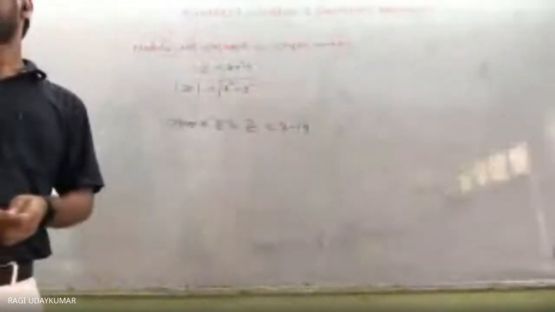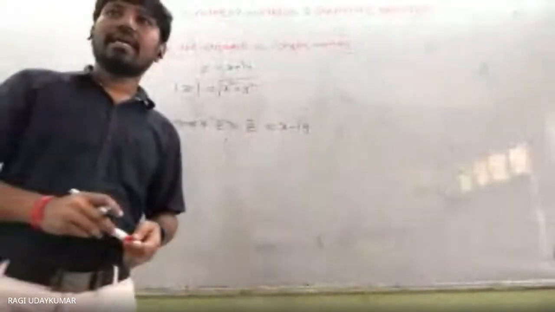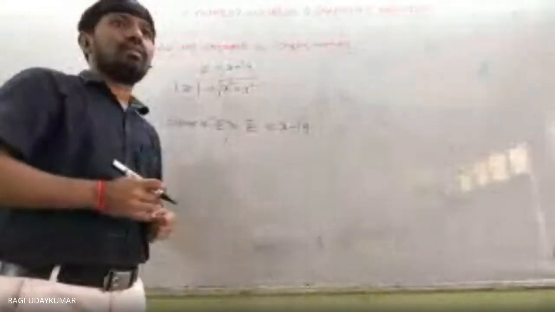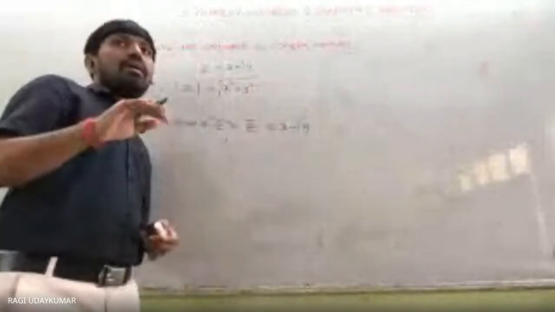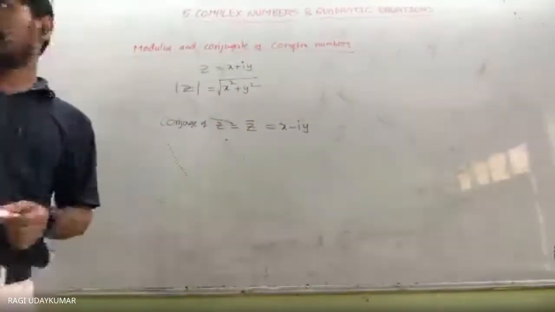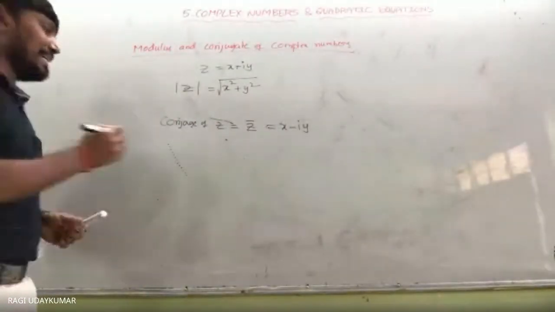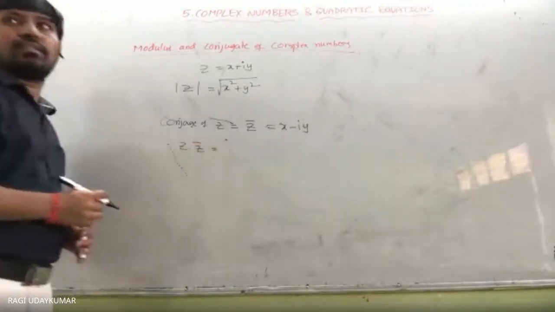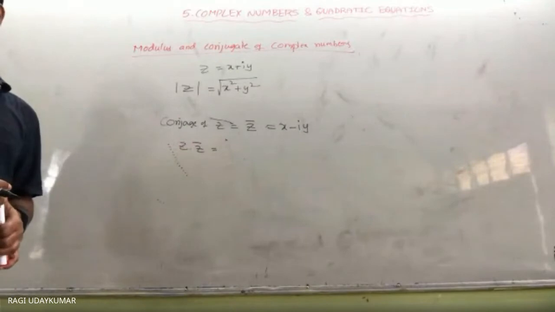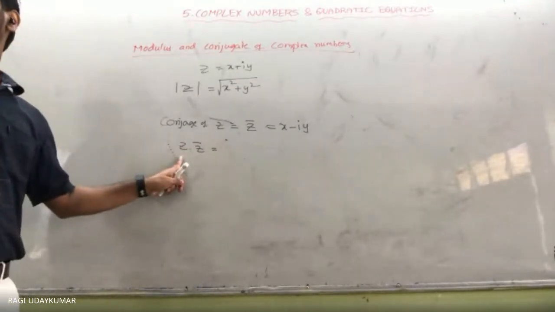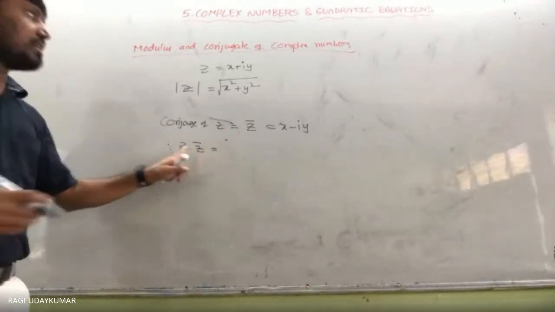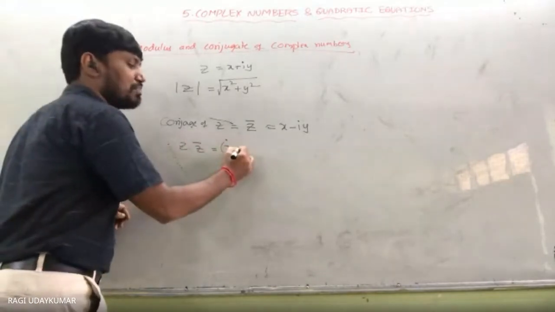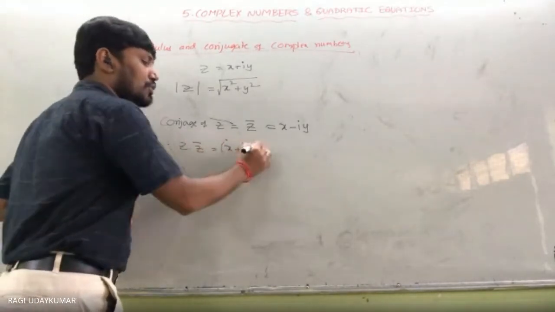Whenever you multiply z and its conjugate, what do we get? The product of a complex number with its conjugate. The complex number is x plus iy. Its conjugate is x minus iy.